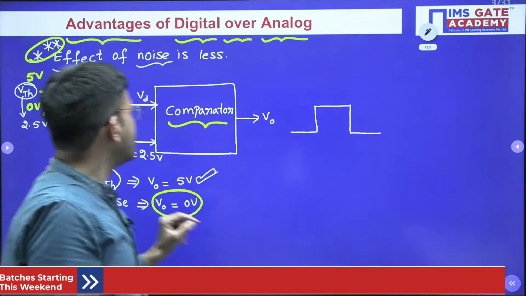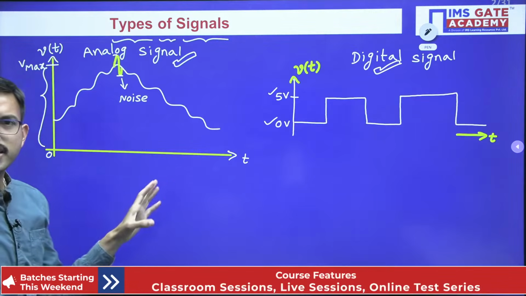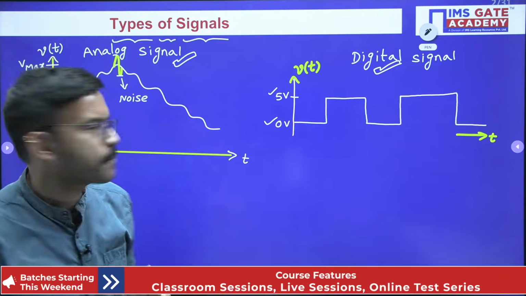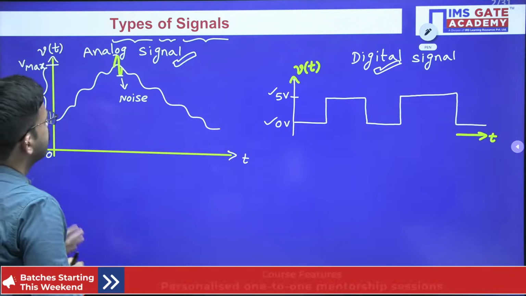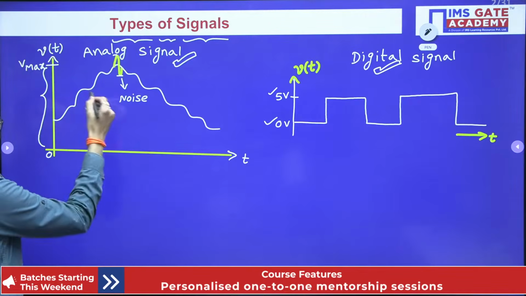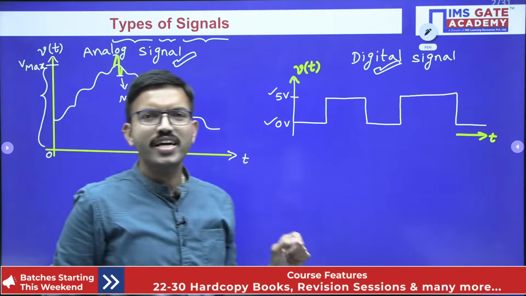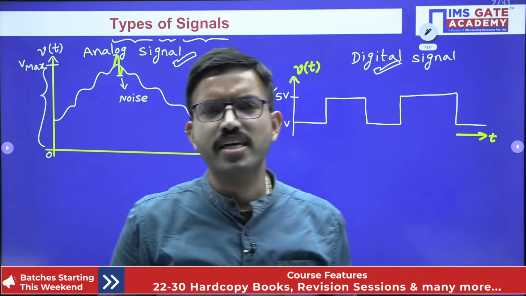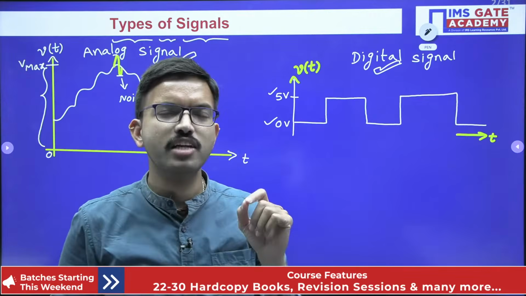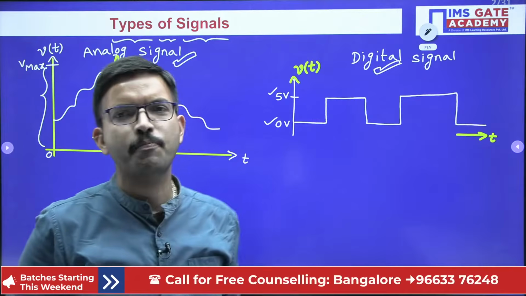Now, whatever case I have considered, I will consider the same case and give one more advantage of digital over analog. Say for example, at the receiver, you are receiving this analog signal along with the noise part. Can you say that the signal you have received at the receiver is the same signal the sender or transmitter has sent?